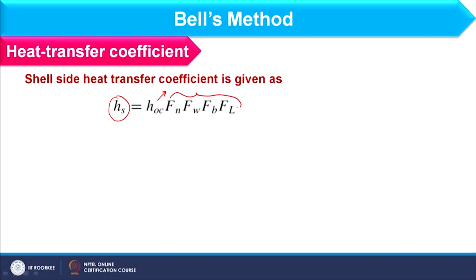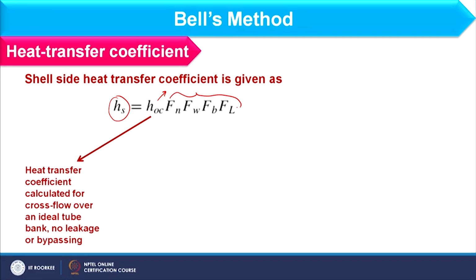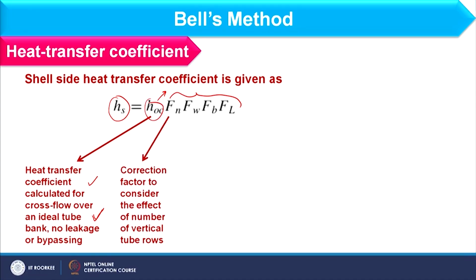HOC is basically the heat transfer coefficient calculated for cross flow over an ideal tube bank where no leakage and bypassing are there. Once I have calculated HOC, we will consider different factors such as Fn.